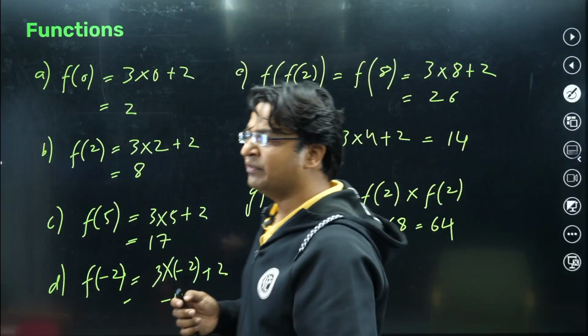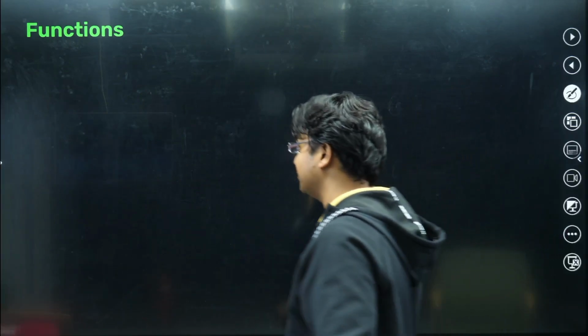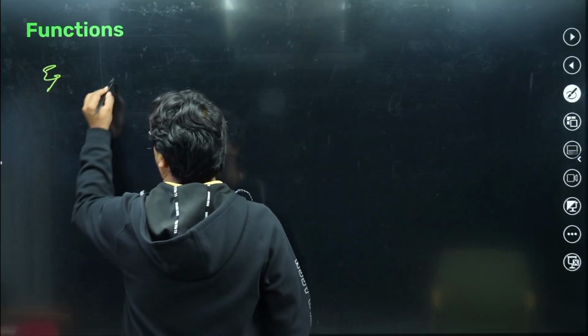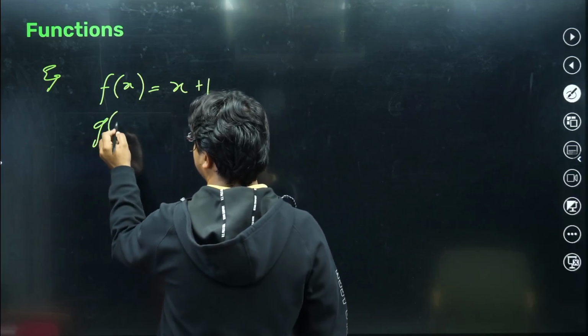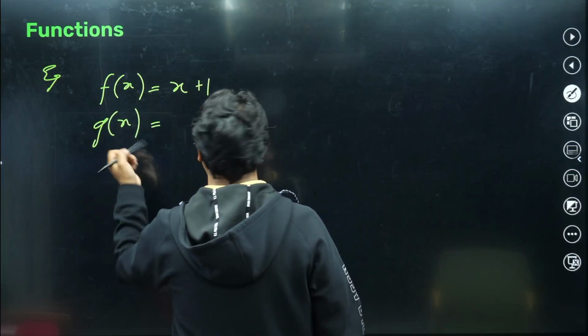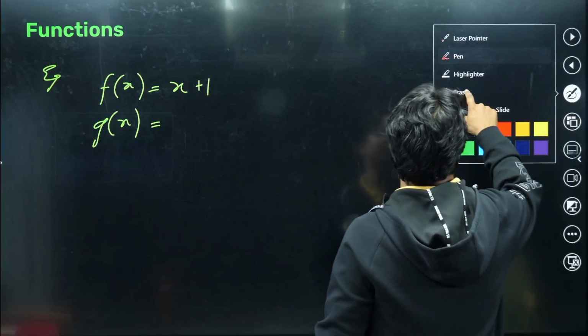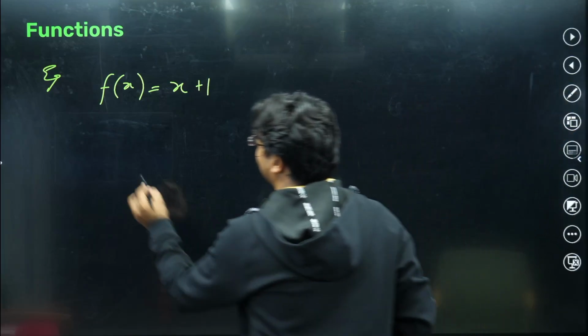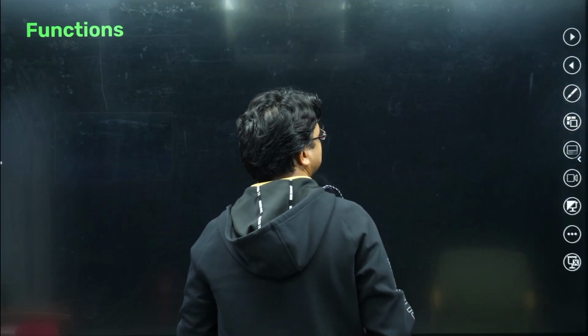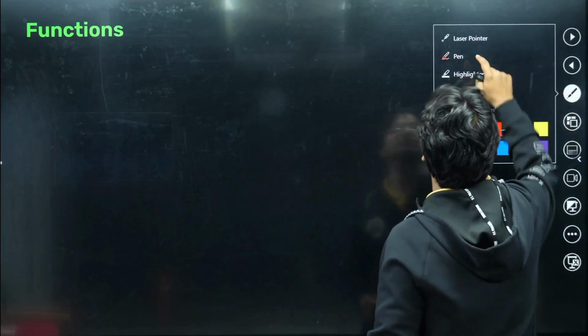And we may work with two functions also. For example, there could be questions like this also. Like I said, f of x is x plus 1. And then I said, okay, g of x is, or we can use another symbol also. It's not necessary to keep on using x.